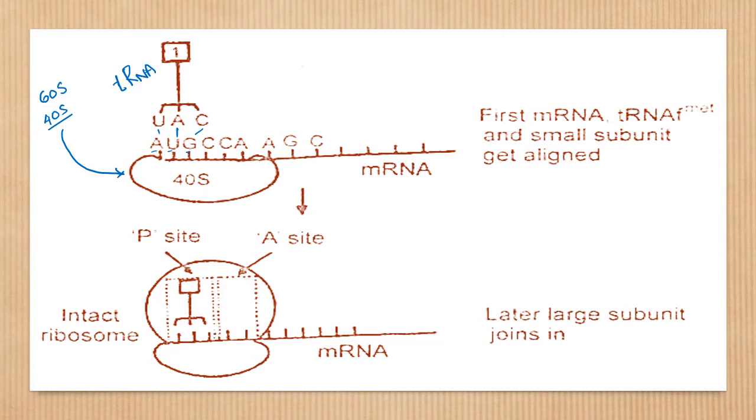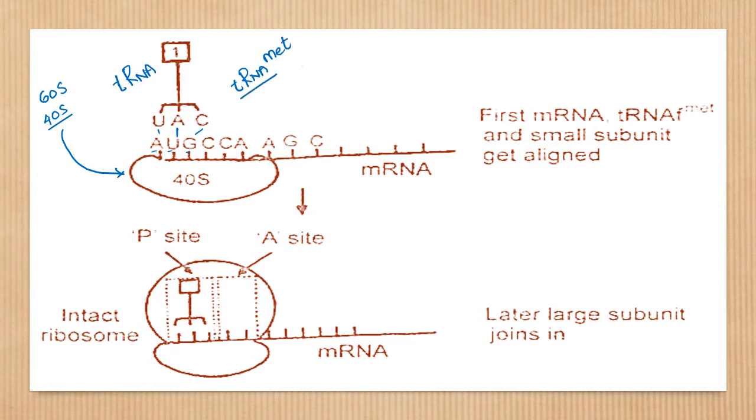Now the tRNA with this methionine is called the methionine tRNA. The short form of this is tRNA met, so we will write it like this also.